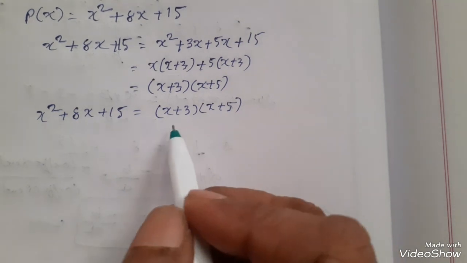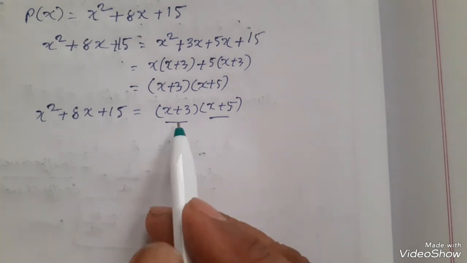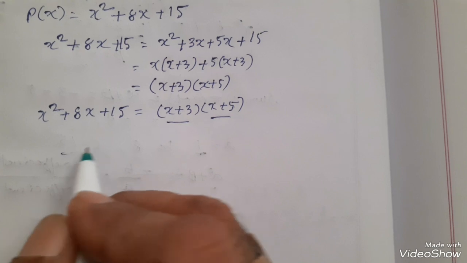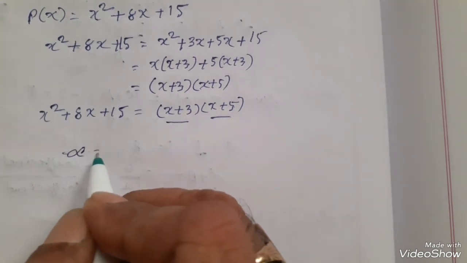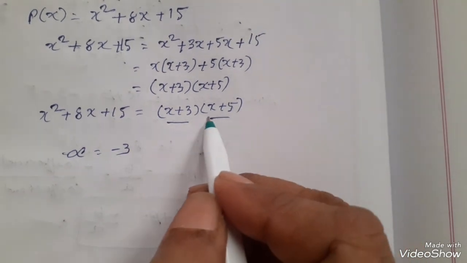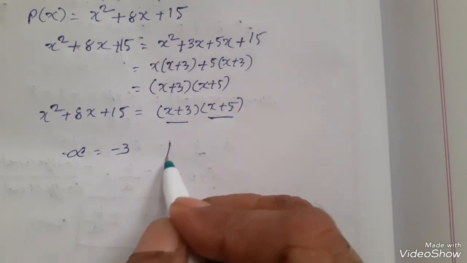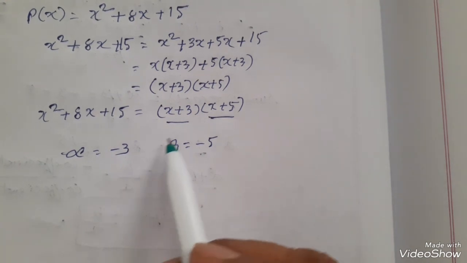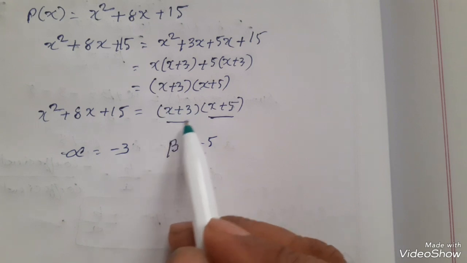Now let us see what are the zeros of x plus 3 and x plus 5. What is the zero of x plus 3? Minus 3. So one zero is minus 3. What is the zero of x plus 5? Minus 5. So the other zero is minus 5. It means in the place of x, if you take minus 3, x plus 3 becomes 0.